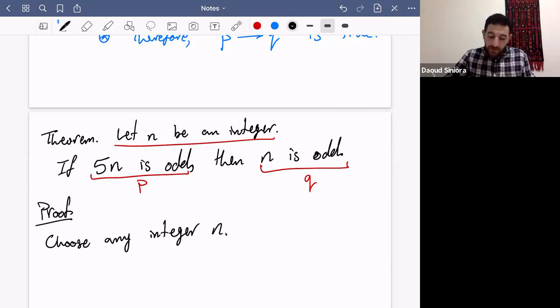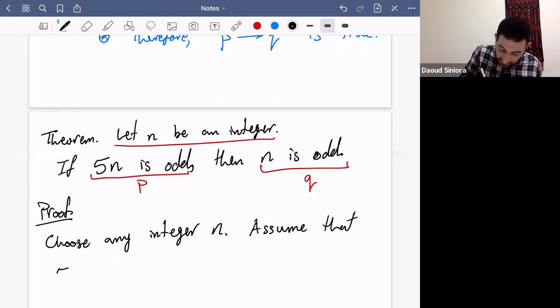Now we want to prove the conditional statement with the use of proof by contradiction. So we start by assuming the hypothesis to be true. So assume P is true. Assume that 5n is odd. So we chose an integer n, and we assume 5n is odd.